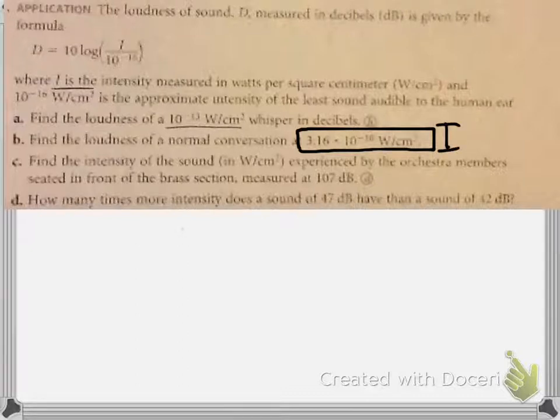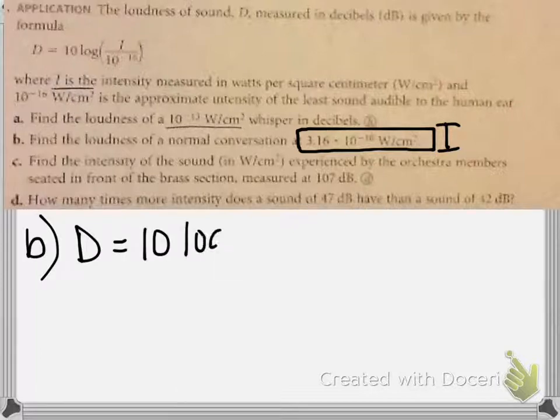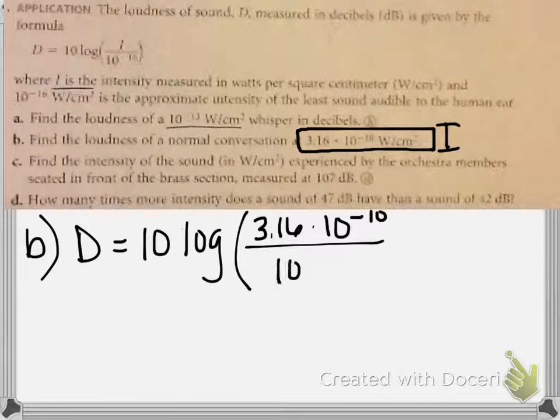This is our I. So I'll plug that into the formula. D equals 10 times the log of 3.16 times 10 to the negative 10th, I believe that's 10th, yes? I know it's a little blurry, over 10 to the negative 16th.